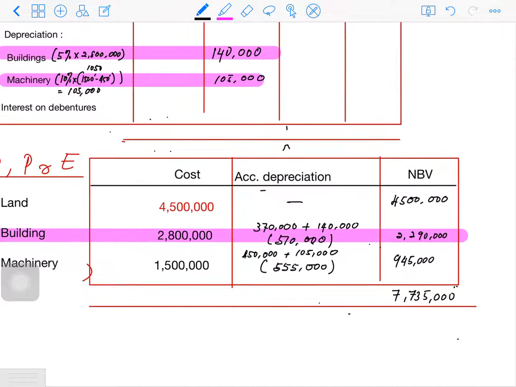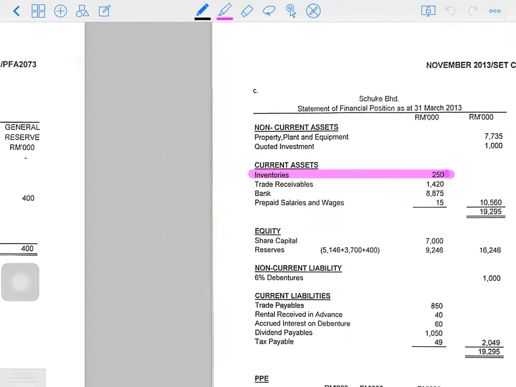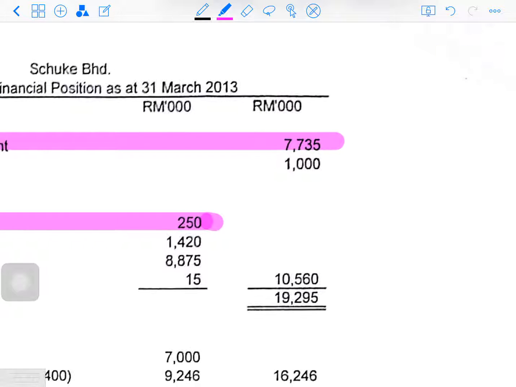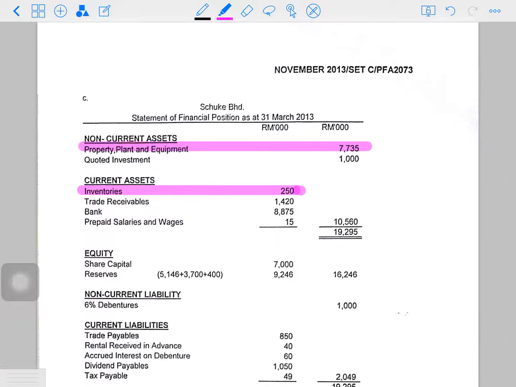This 7735 will go into your statement of financial position, under property, plant and equipment. Okay, 7735. Settled. So depreciation has been settled.